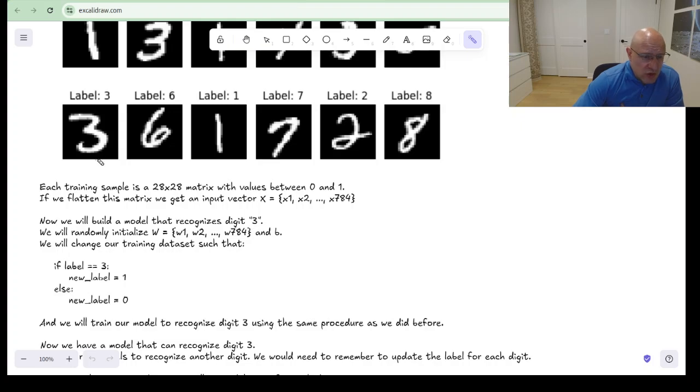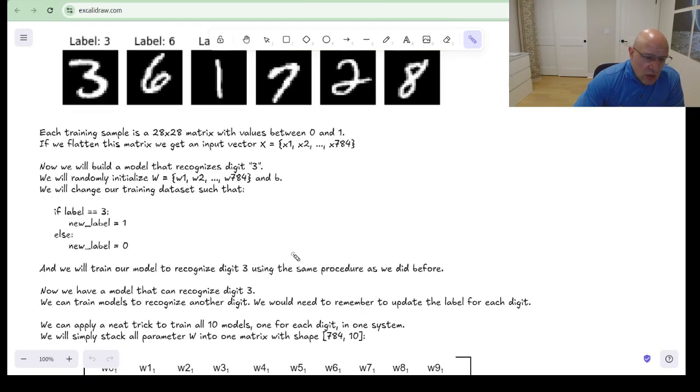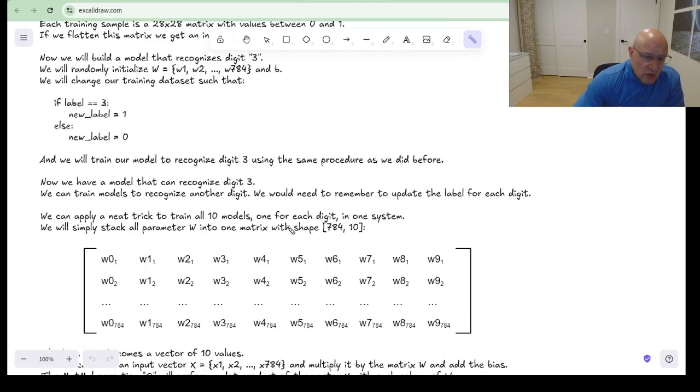But we don't want to train 10 separate models. We can use a nice trick that is allowed by linear algebra. We will actually train all 10 together. So we'll create a matrix where all weights for the digit 0 go in column 0, the first column.